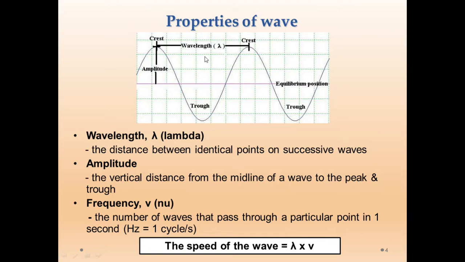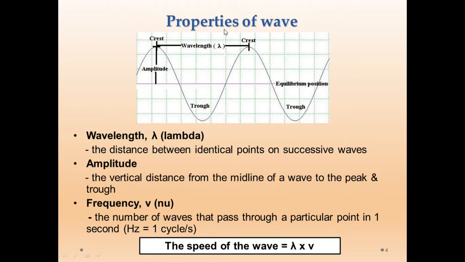If you look at these wave properties, the starting point here until this moment is one complete cycle. And we have another cycle, another complete cycle for these wave properties.